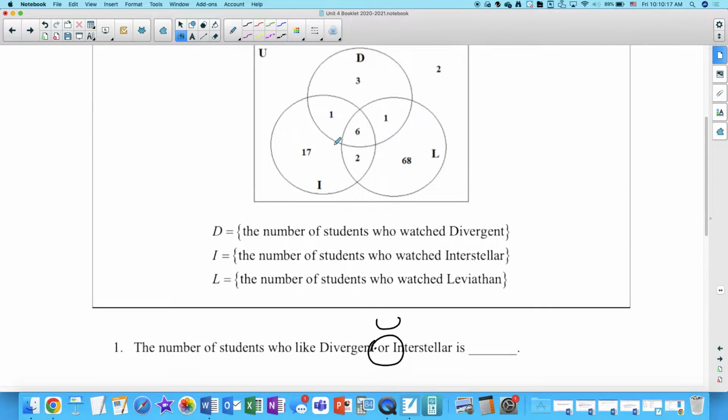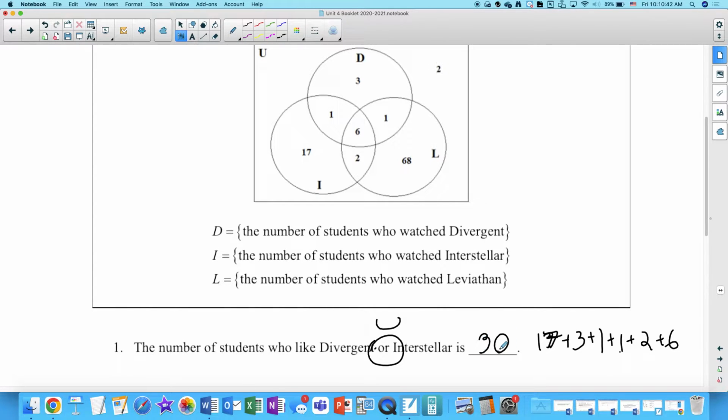Just make sure that you're adding all of those numbers. So it's 17 plus 3 plus 1 plus 1 plus 2 plus 6. So that's 20, 21, 22, 24, 30.